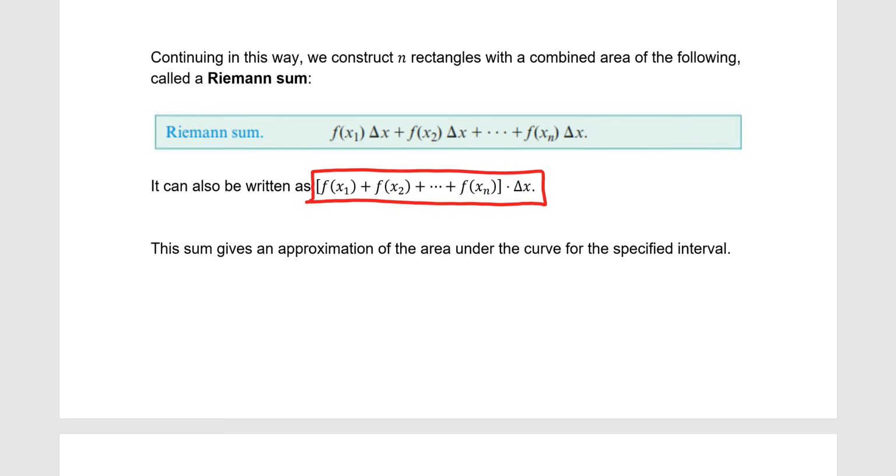What we did here was we factored out the delta x, because that's the width of each one of these rectangle areas. So instead of doing it all those times, you can just factor it out and then multiply all the heights added together. Okay, so I'm going to be using this version of it when we do the problems.